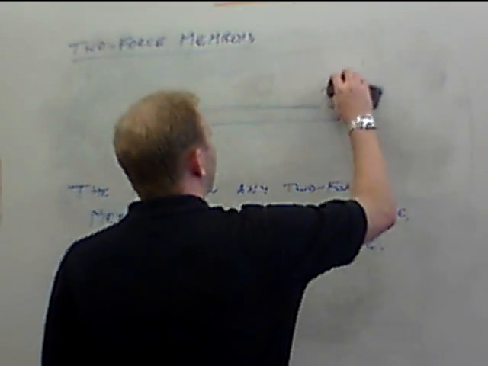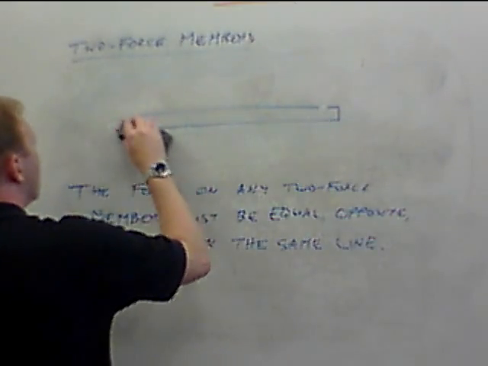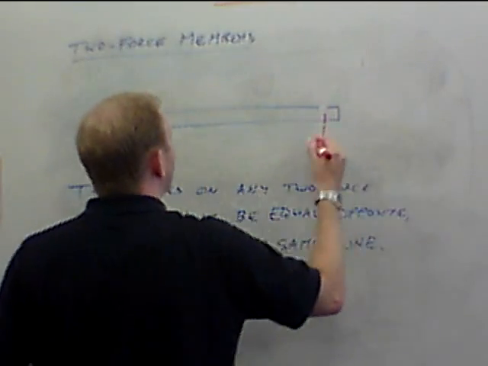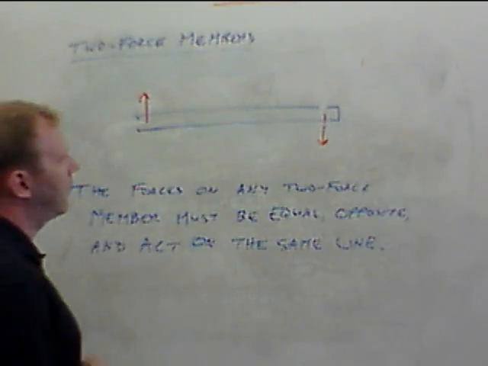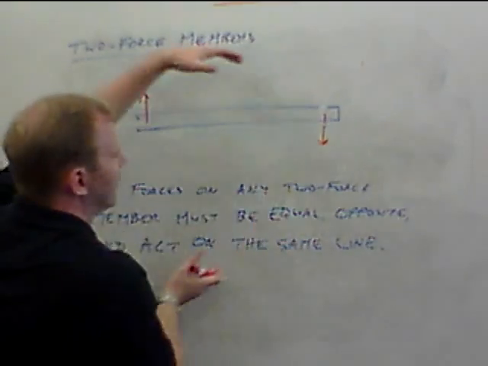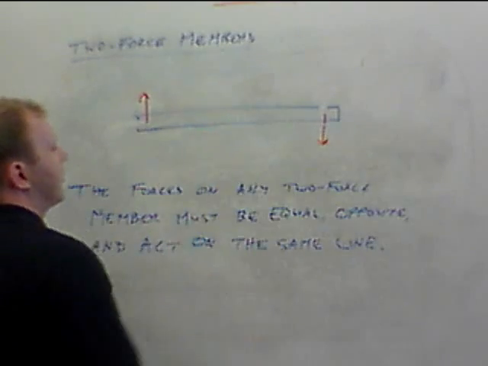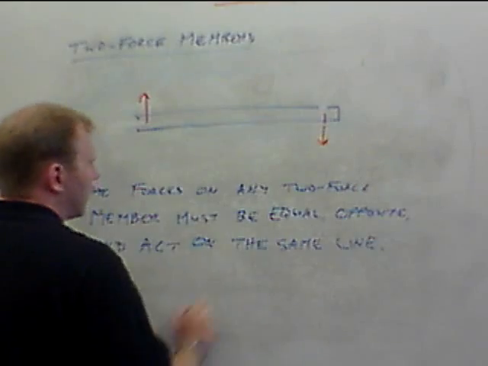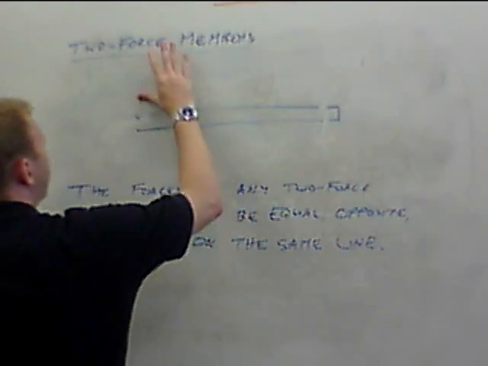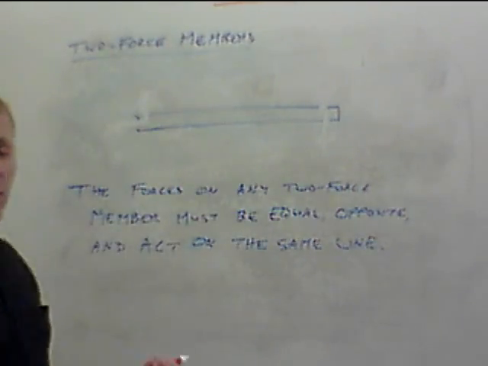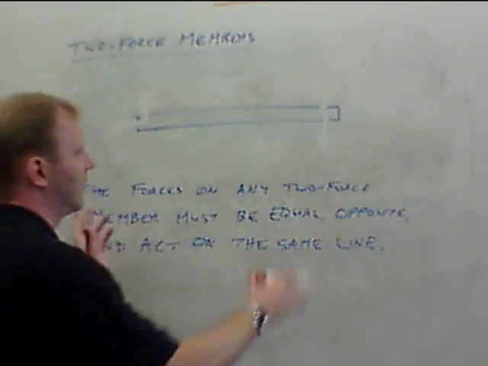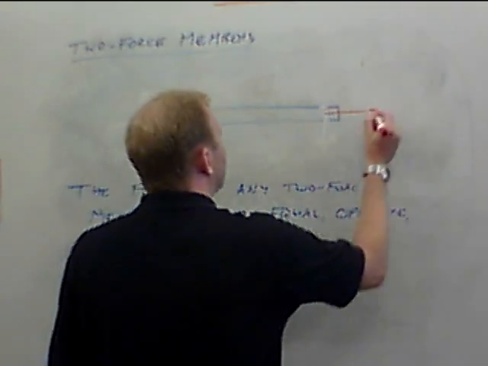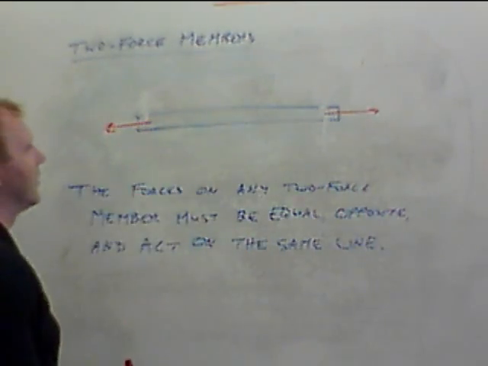If they are equal and opposite, but not on the same line, now we have equilibrium in terms of force, but we don't have equilibrium in terms of moment. If we have a setup like this, we're going to have this thing rotate. So anytime there's two forces on a beam, these rules apply. If we have more than two, these rules go out the window because then they can balance each other out using the third force. But we have to have equal and opposite and on the same line.